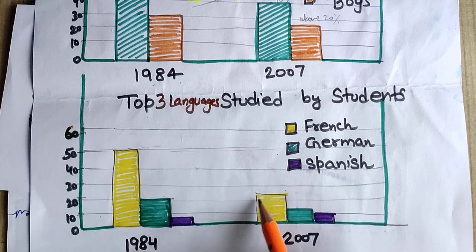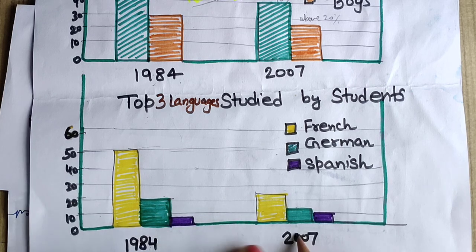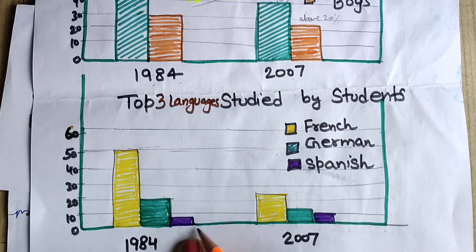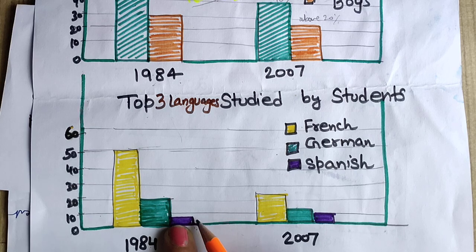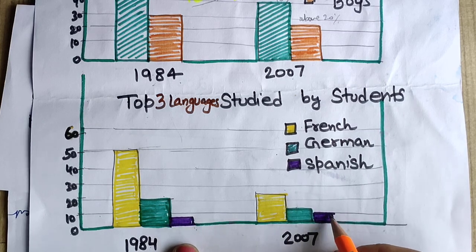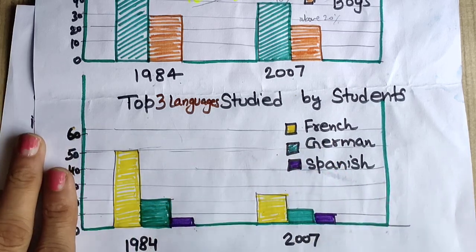So the proportion decreased from 1984 to 2007. But Spanish data has improved from less than 10% up to full 10%. From 5 or 6%, it has become doubled. Okay, so we have analyzed the data.